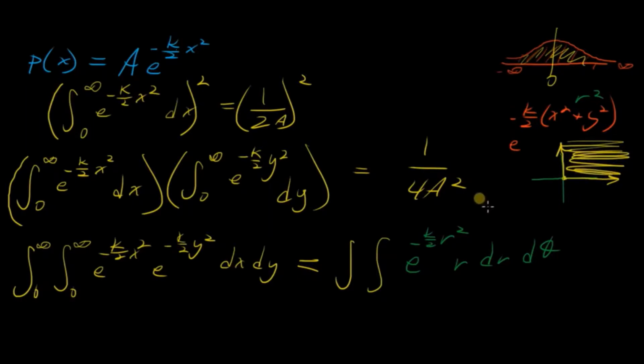Well, how would we cover the same area with polar coordinates? Well, we would have a radius and an angle, theta. The radius would have to go from 0 to infinity, and the angle would have to go from 0 to pi over 2.